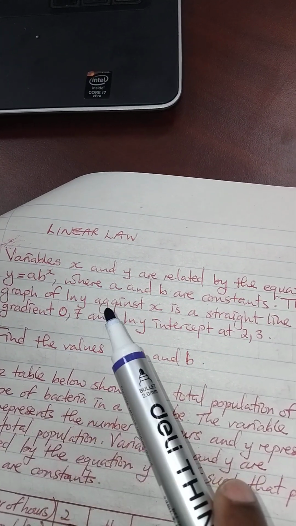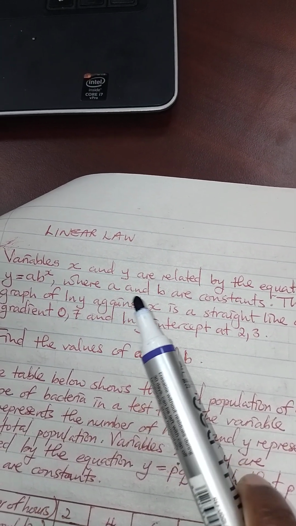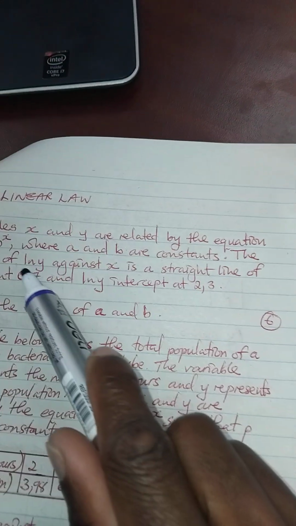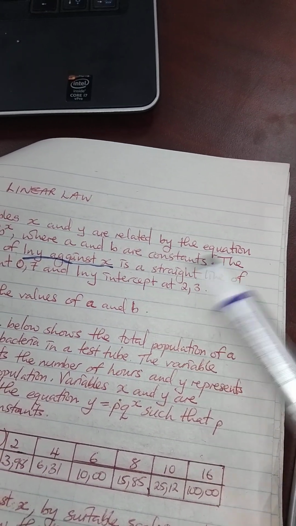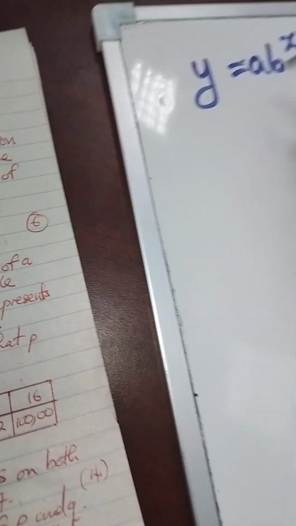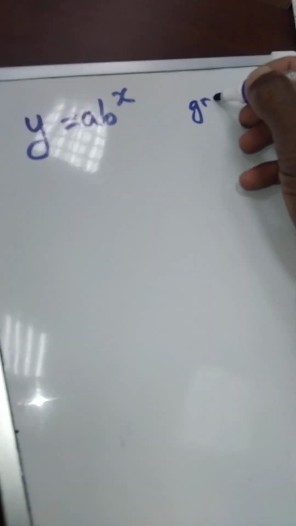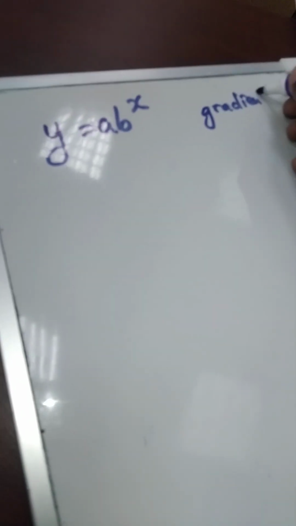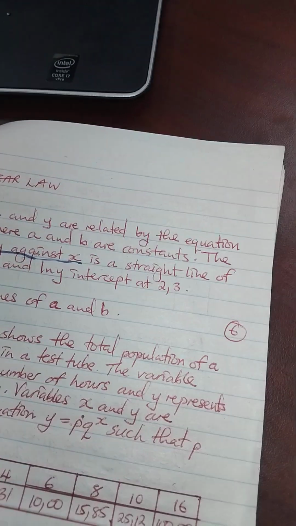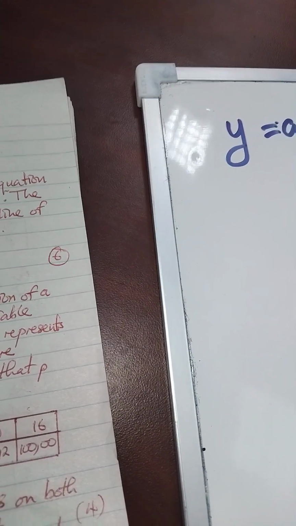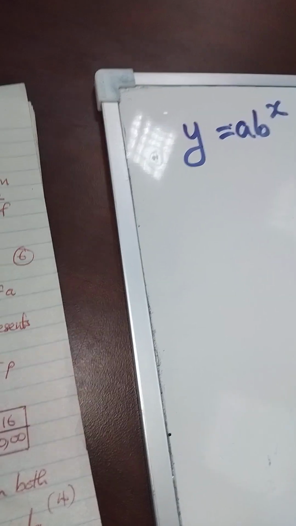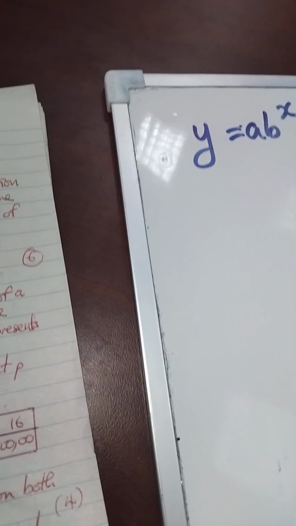The graph of ln y against x is a straight line of gradient 0.7 and ln y-intercept equal to 2.3.